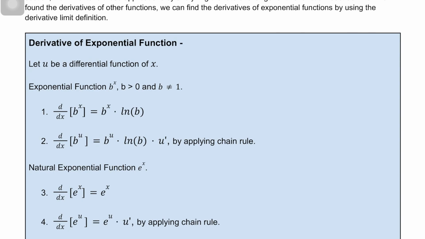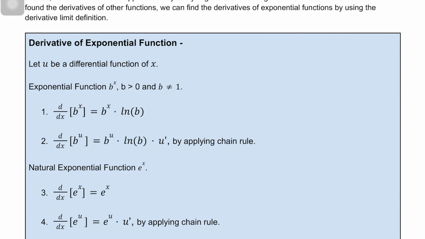As a consequence of this, we also have another rule that is a specific example of the exponential function, and that is the natural exponential function. Remember that this looks like e to the x, where e is a specific value, 2.71 something.